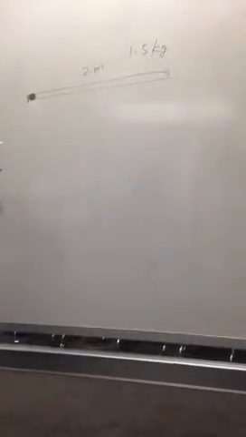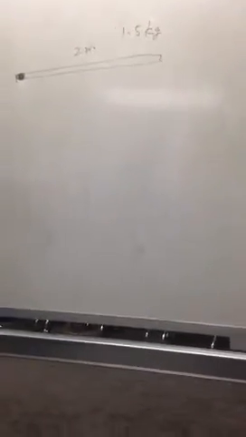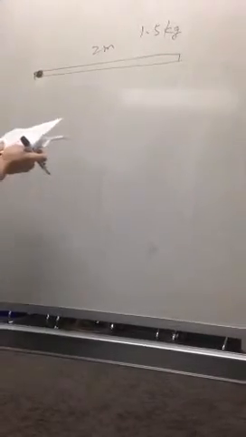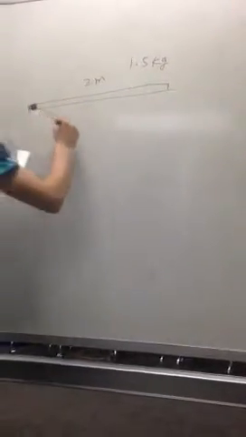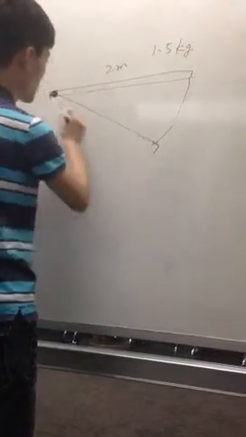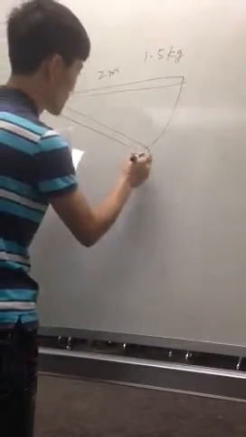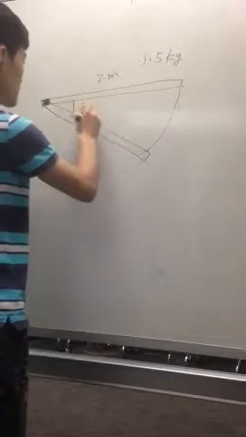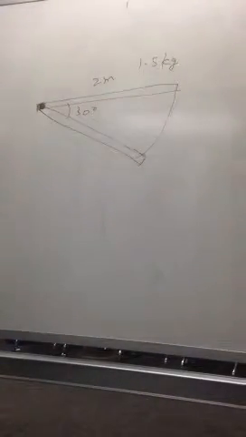What is the angular speed of the rod when the rod makes an angle? It goes to here, and here is 30 degrees. Okay.